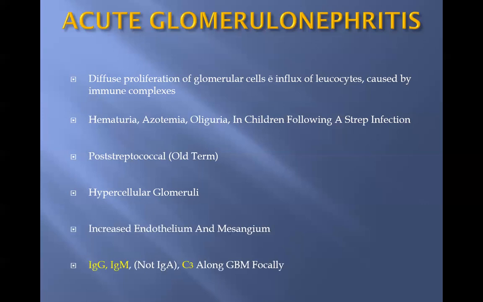So increased endothelial and mesangial proliferation, some epithelial also. There is IgG, IgM deposit and C3, but not IgA. So IgA will not be there. IgG and IgM and C3 along the glomerular basement membrane.